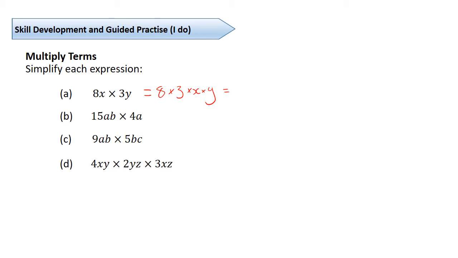And what you guys might notice here, and might have noticed in the previous example, is that we don't need the terms to be like when we are multiplying. One big difference. To add and subtract, they do need to be like. To multiply, they don't need to be like. Okay? Very important. Don't need to be like to multiply.